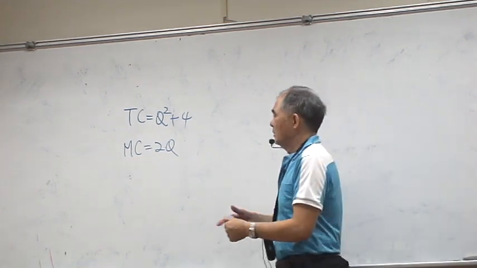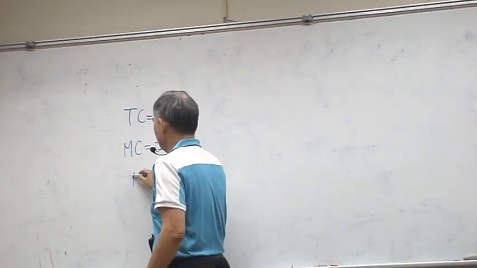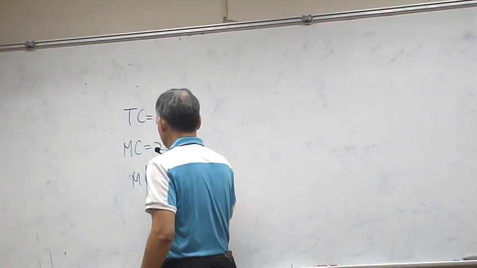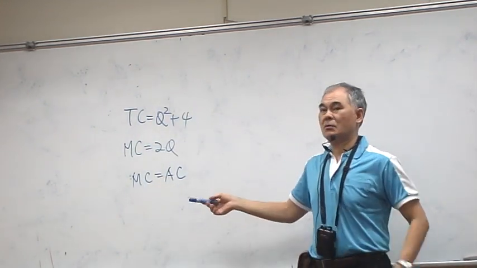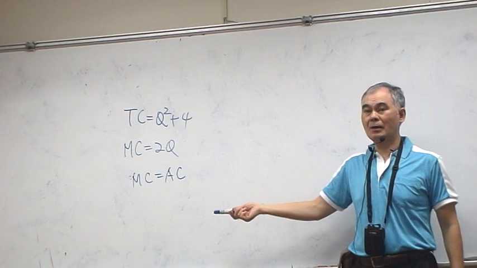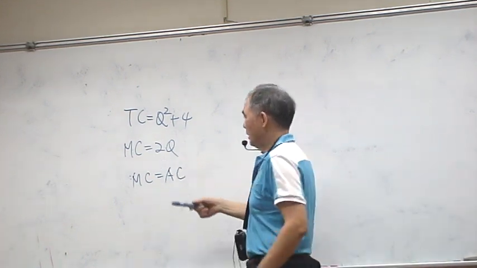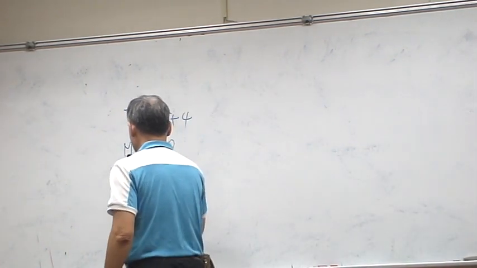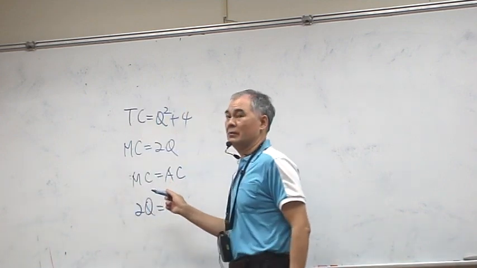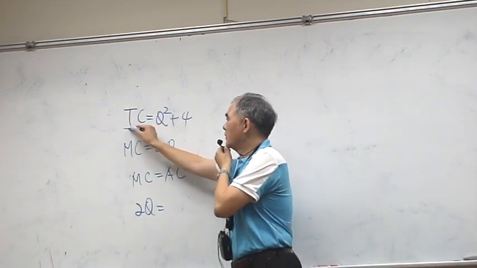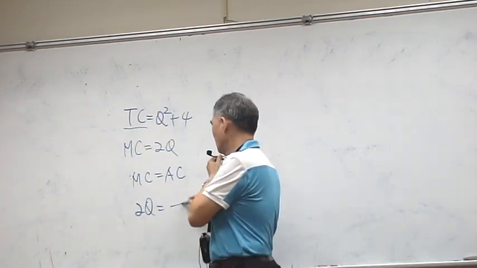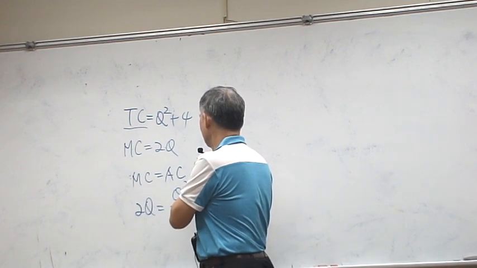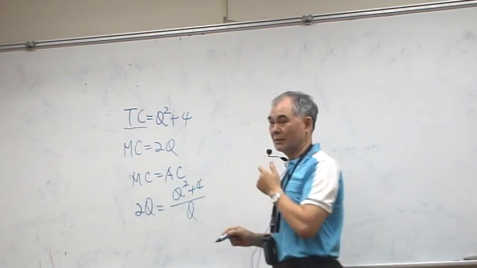It said when MC is equal to AC, you get the minimum of AC, right? So what is MC? MC is equal to 2Q, right? And what is AC? This is TC. AC is equal to Q squared plus 4 divided by Q, right?